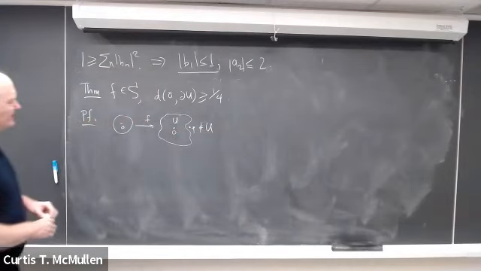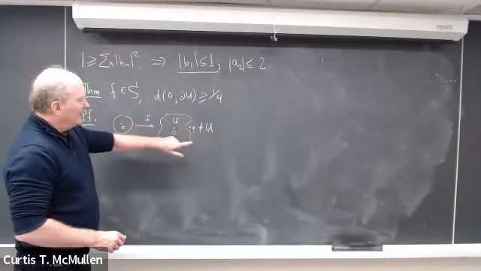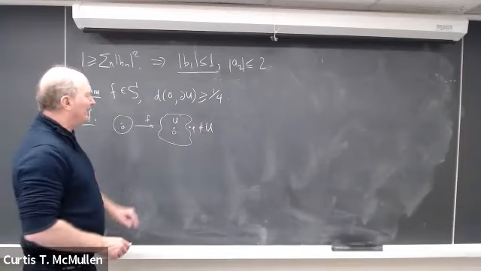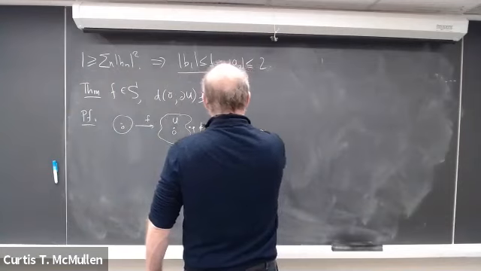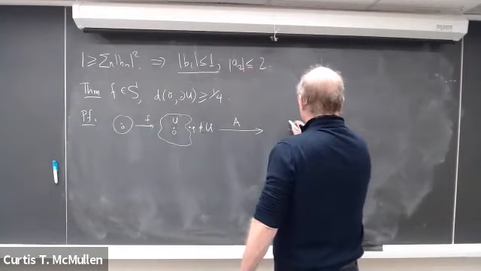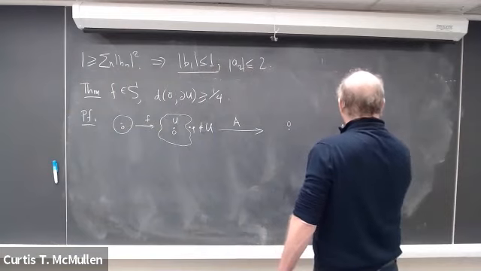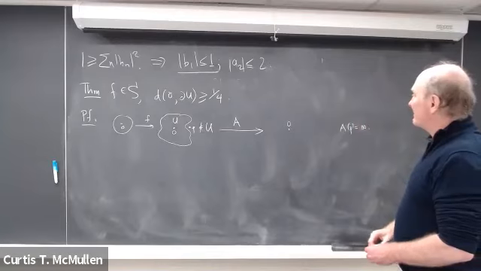So what we notice is that if P is not in U, then we can apply a Mobius transformation to move P to infinity. So we can just compose with the Mobius transformation A that sends 0 to 0, but sends P off to infinity, and it should have a derivative of 1 at the origin.